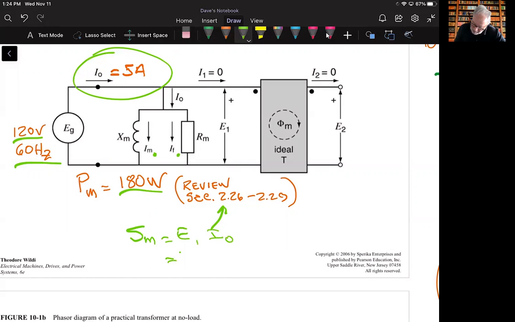That's going to be 120 volts times 5 amps, or 600 volt-amps. Now, that doesn't really get us anywhere, does it? That's just one component of this. We know that the iron losses, the active part of this, are given to us as 180 watts.